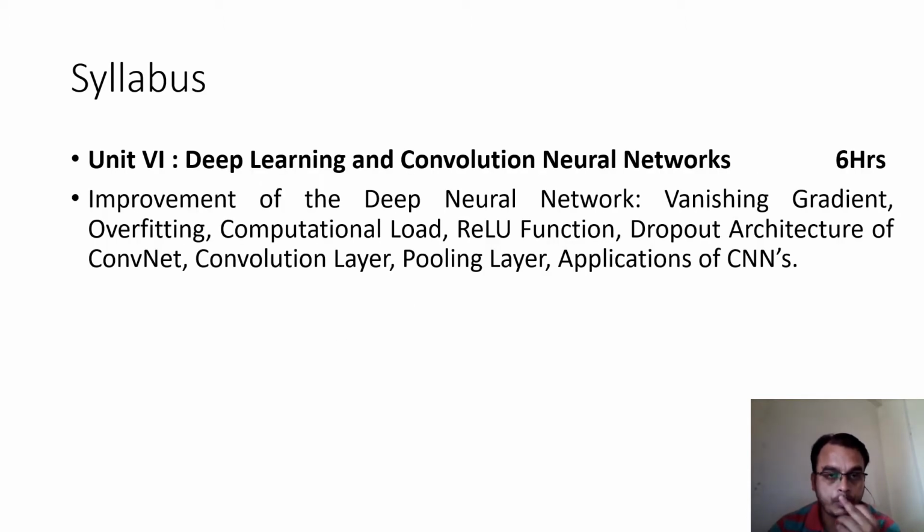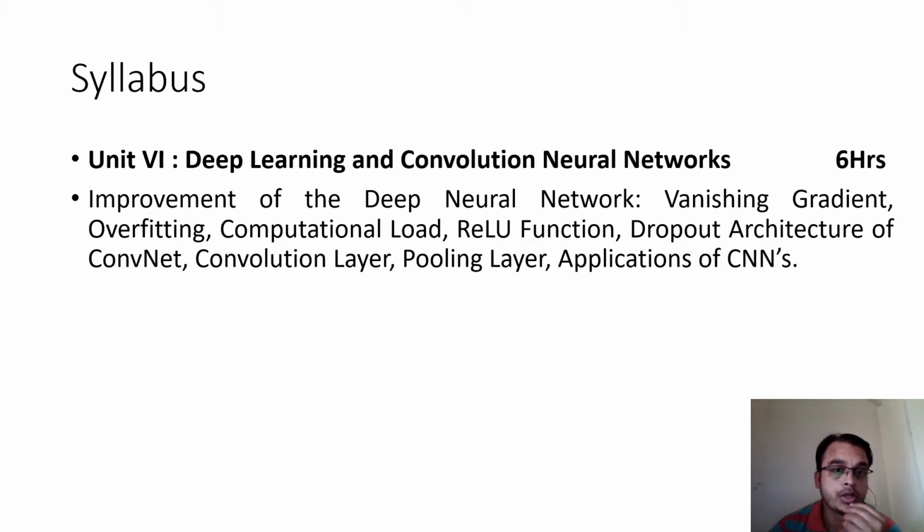This is the syllabus for the topic: improvement over the normal network with respect to deep neural networks, with respect to vanishing gradient and overfitting, and what the computational load is. Also we are going to discuss the rectified linear unit, ReLU, functions. Then there is the dropout architecture, and what the advantage of dropout architecture is.